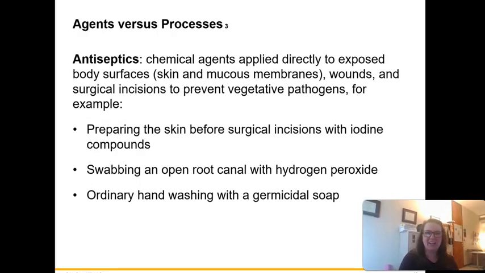Okay, so what are antiseptics? We've all become very familiar with antiseptics in probably your entire lifetime. I remember a time when there was not antibacterial soap. It was just soap, like everything was soap. It wasn't even in a pump, it was just a bar. You picked up the bar, you washed your hands really well, and maybe you even went into the bathroom and there was a literal cloth towel wrapped up in a machine, and you would pull that cloth and it would give you a clean surface.